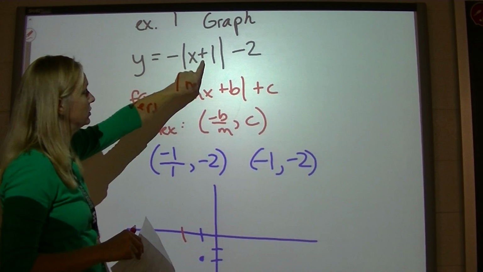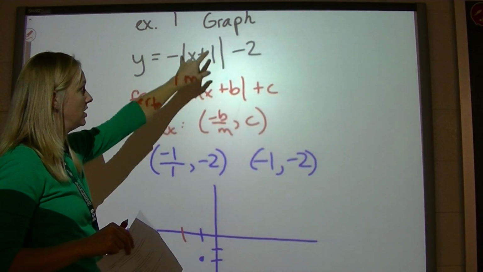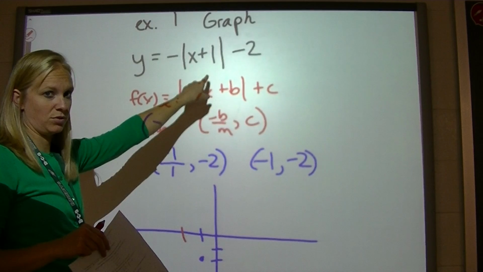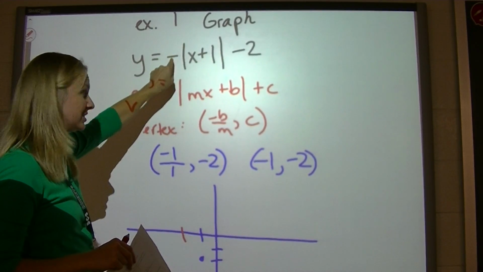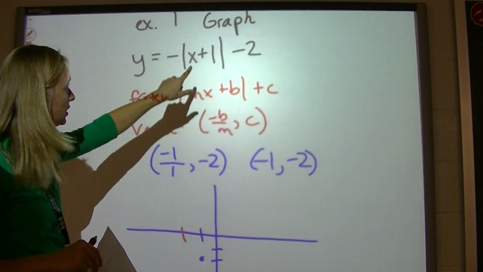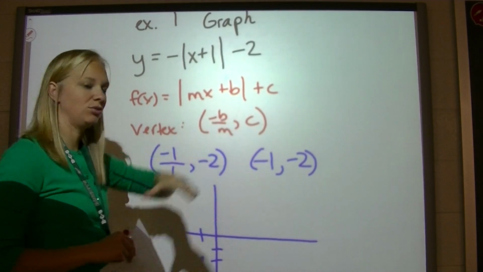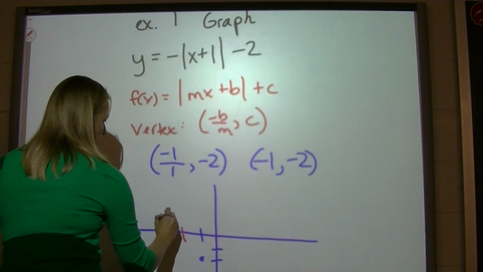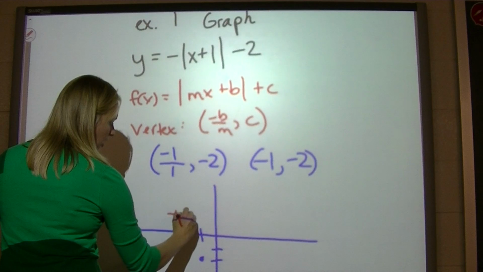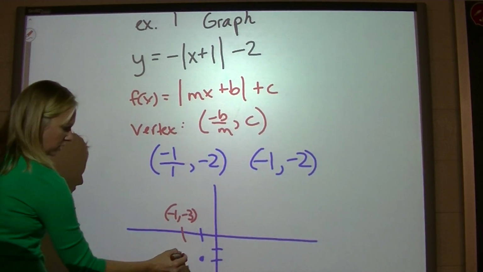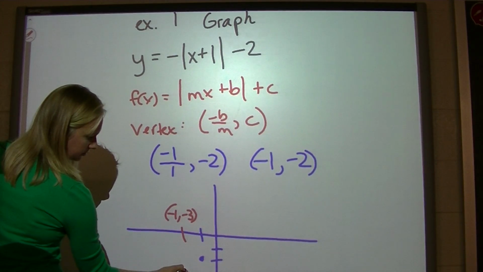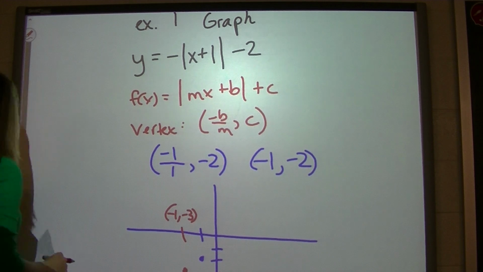So negative 2 plus 1 is negative 1. The absolute value of negative 1 is positive 1. But positive 1 times a negative is negative 1. And then negative 1 minus 2 is negative 3. So when x is negative 2, y is negative 3. So I'm going to plot that point as well.